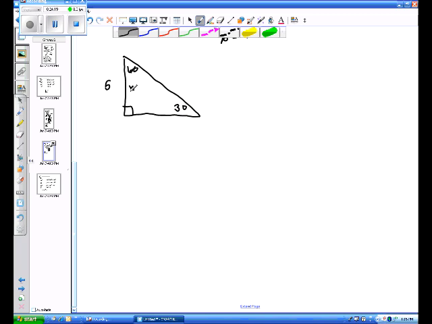I know the side opposite the 30 is half the hypotenuse. So if it's x, the hypotenuse would be 2x. The side opposite the 60 is the short side times the square root of 3. Now I have my equation. So x equals 5. So 2x equals 10, 2 times 5. And then the side opposite the 60-degree angle, x square root of 3, would be 5 square roots of 3, and we've solved the sides of our triangle.